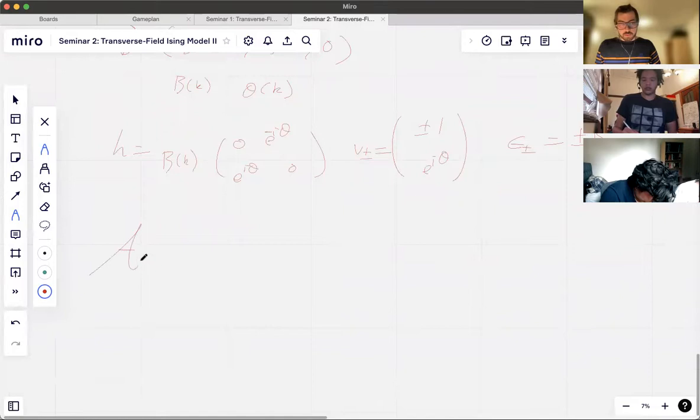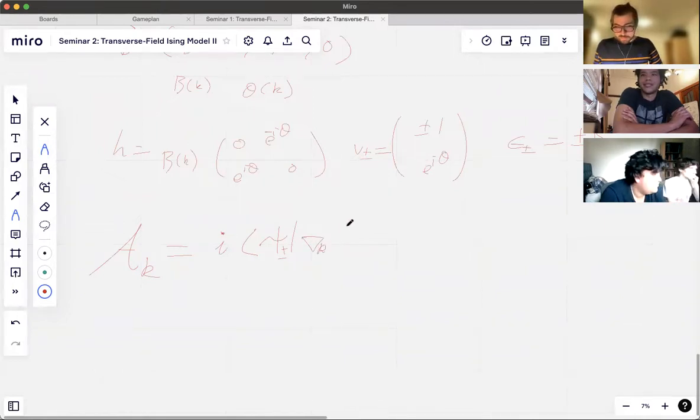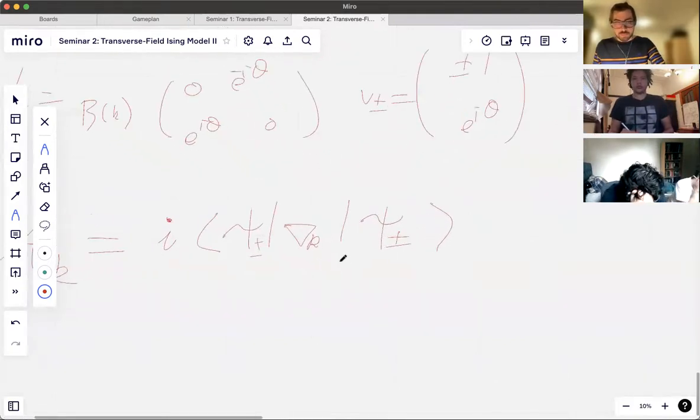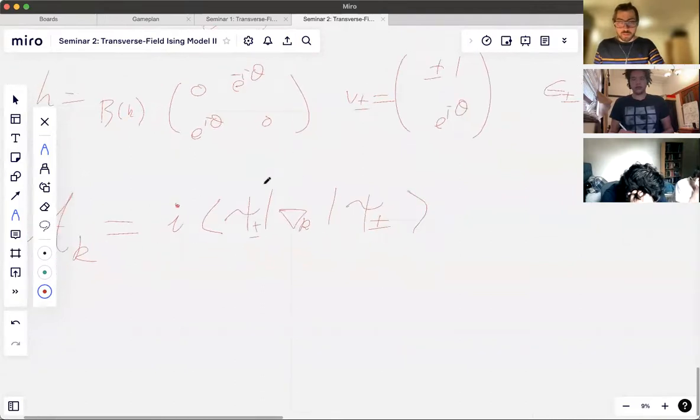Now the Berry curvature, which I'm pulling out of nowhere, because everyone in the call has seen it before, but if you're interested, there is a relatively easy to follow Wikipedia article on it. It has this form. Writing that explicitly, the psi plus or minuses are the V plus or minuses.